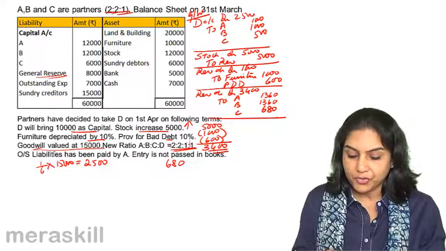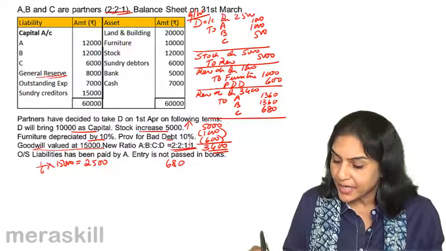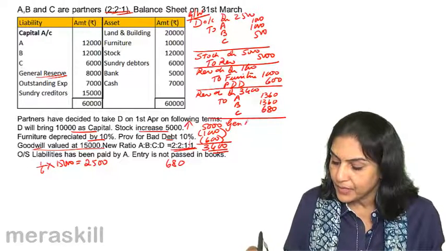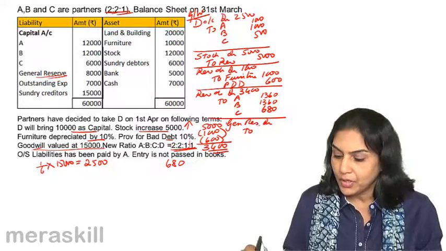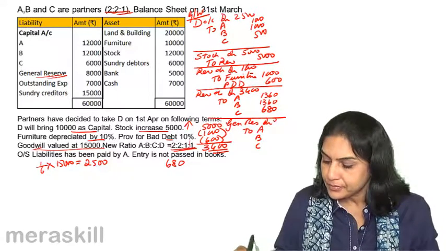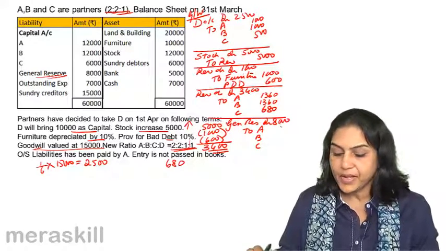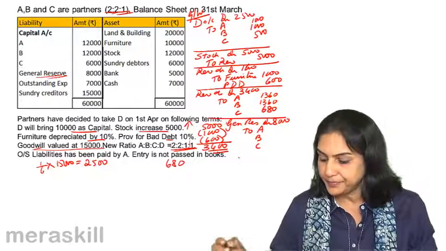So we have taken care of goodwill, we have taken care of assets and liabilities, revaluation of assets and liabilities. Next is general reserve account debit to A, B, and C, 8,000, 2:2:1.